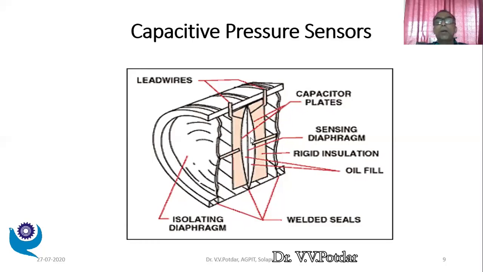Because of that, as the sensing diaphragm moves forward or backward, the gap between the two capacitor plates varies. As the gap varies, I have variation in capacitance. Now, once again, I have an external balancing circuit.